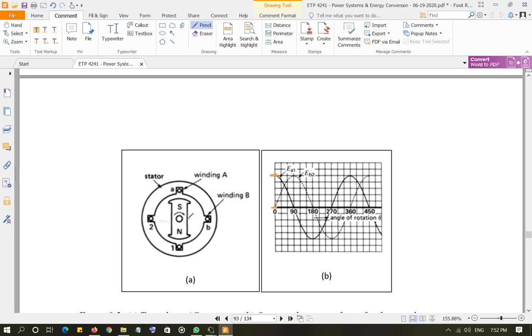As it moves 90 degrees, towards B2, then winding B will have the maximum voltage induced, and winding A will have the minimum or 0 voltage induced. And this will keep on going. So now you have two sets of voltages, and they are 90 degrees electrically apart from each other.